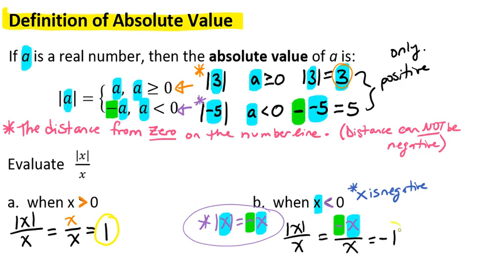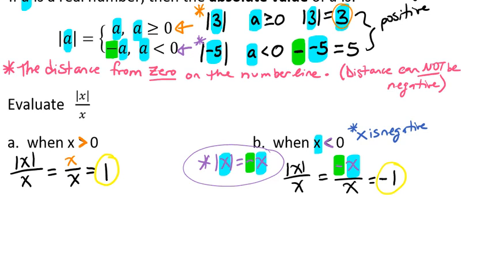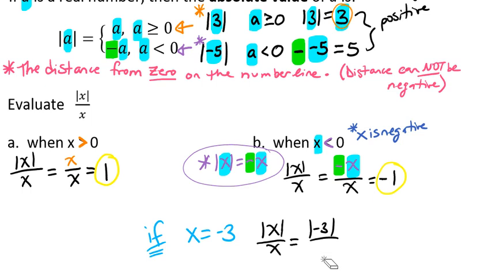Like I said, that's a little bit tricky, because if I had said that x equaled a negative 3, then with the absolute value of x over x, we would have put in the negative 3 over 3, and that would have gotten us a 3 over 3, which is a 1.